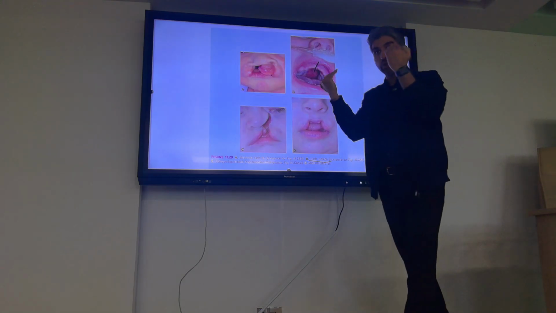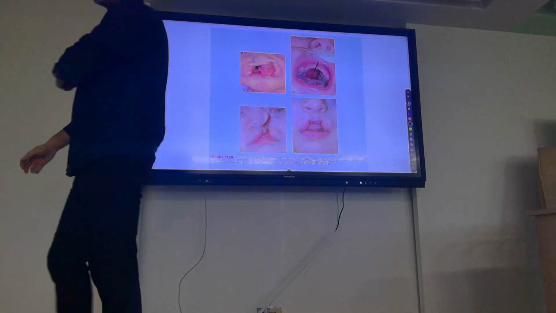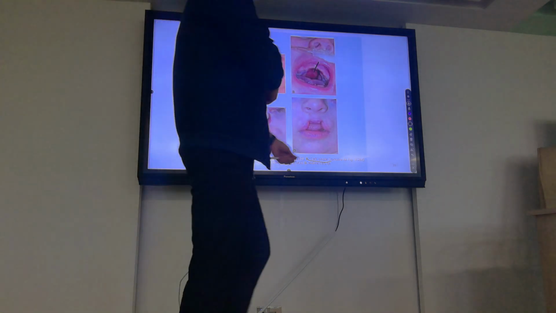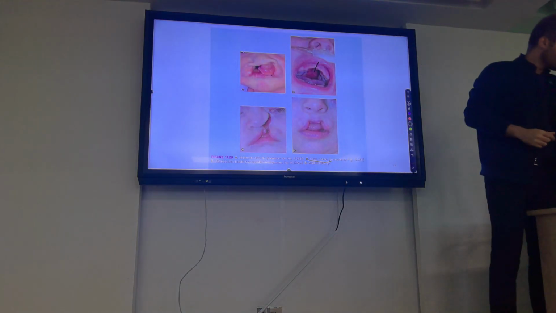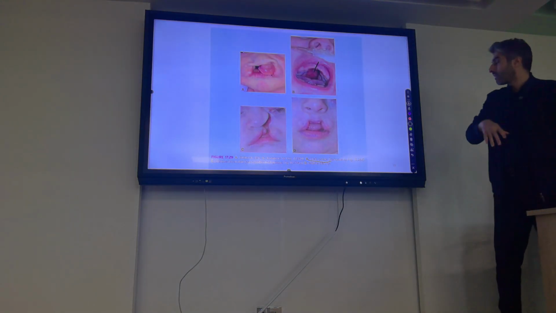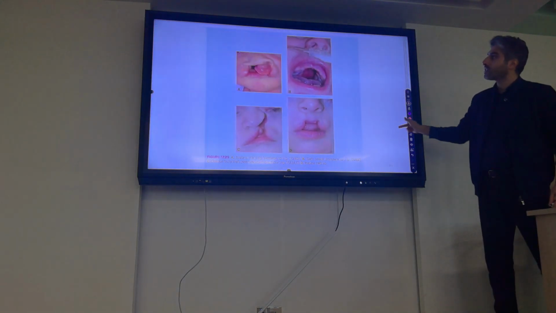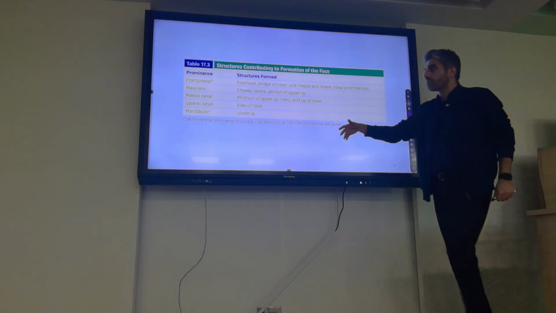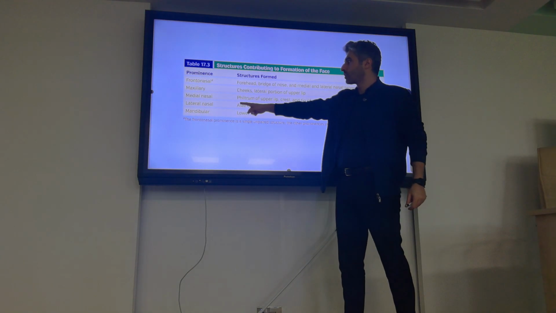The shelves I told you then attached together. So these are the embryonic problems in face development, specifically for the intermaxillary segment and palatine formation. So we explained them. I told you in the face, we have medial nasal prominence, lateral nasal prominence.